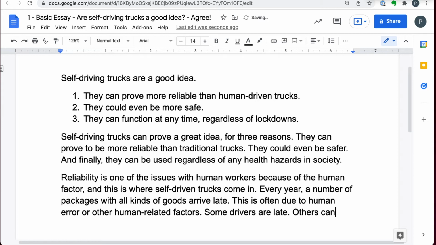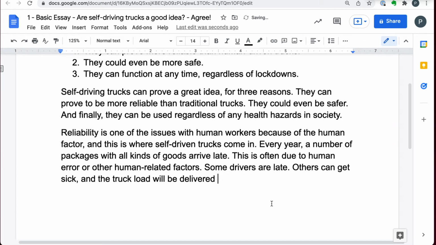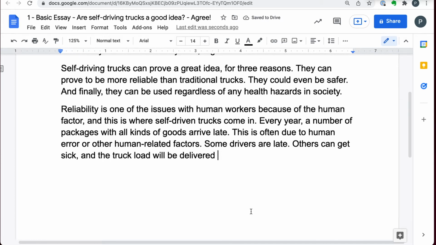Others can get sick, and the truckload will be delivered late as a result.